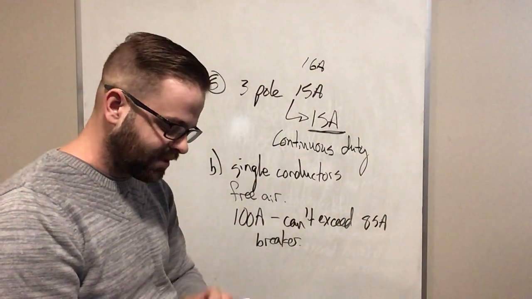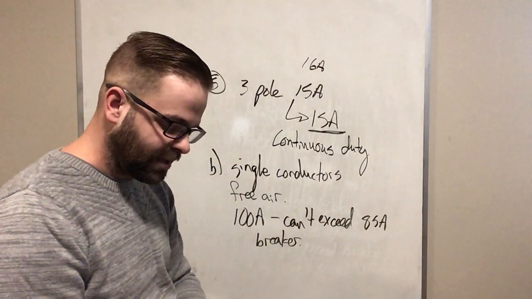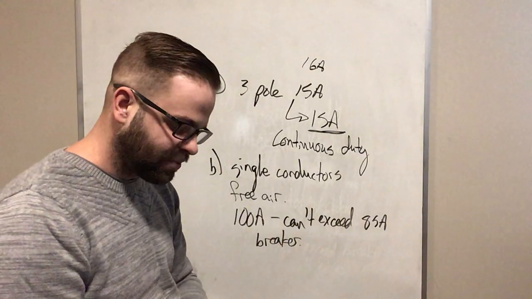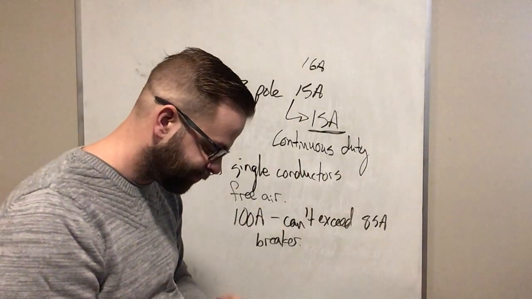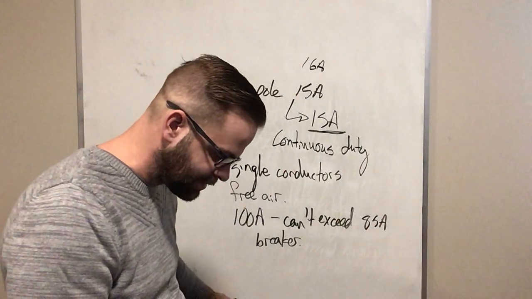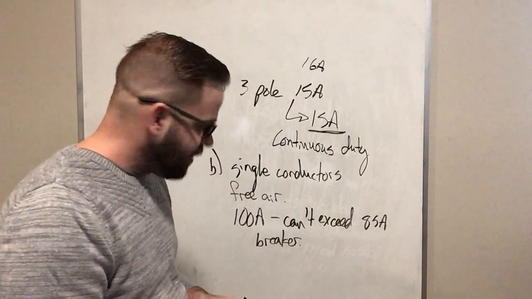So if I selected a wire and I wanted to put it in and the breaker size exceeded 85%, I would just have to go to a larger wire in that case. Okay, so that is 5 done.